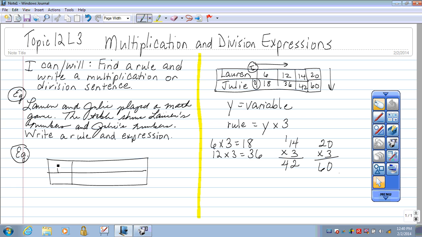Now let's say I'm going to call my variable P. And I see 20 and 10, 40 and 20, 80 and some number. I don't know what this number is, so I'm going to have to identify what this number is. Now my rule I can identify is P divided by 2.